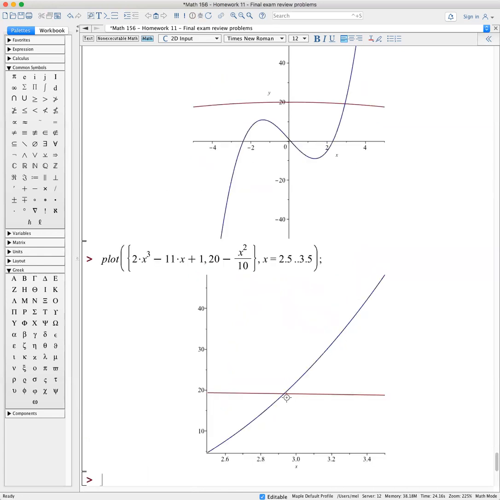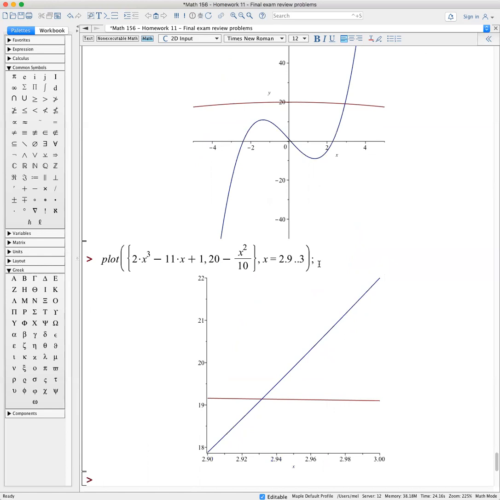Yeah. So here's this point of intersection. It looks like it's actually between 2.9 and 3.0. Yeah. Anyway, we could find it graphically, but the simplest thing might just be to fsolve.